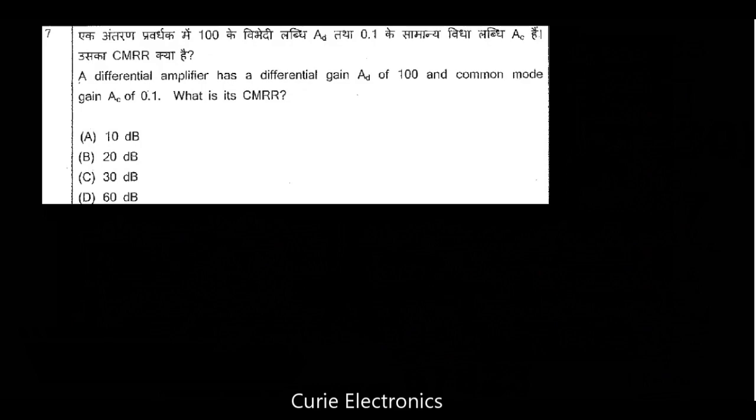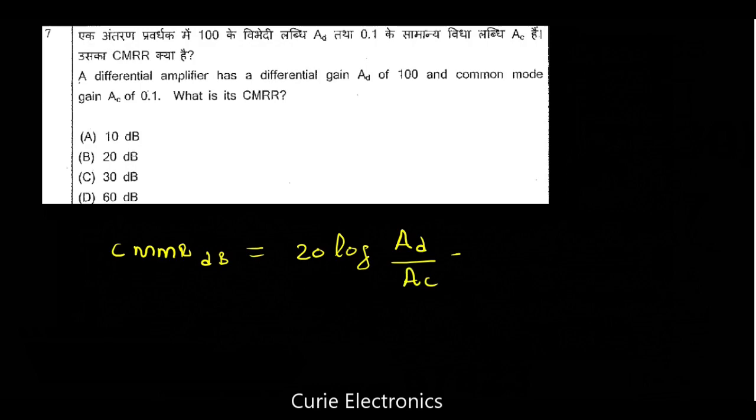Next, a differential amplifier has a differential gain AD of 100 and common mode gain AC of 0.1. What is CMR? If you see, the answers are given in dB. So CMR in dB equals 20 log, it's a voltage, so we take 20 log of differential gain upon common mode gain.